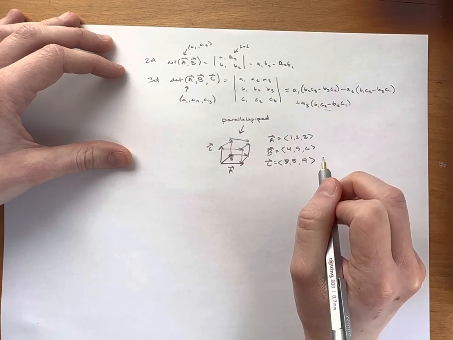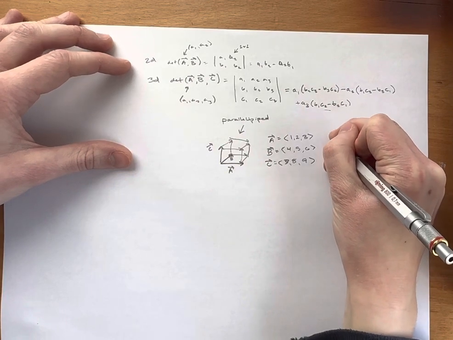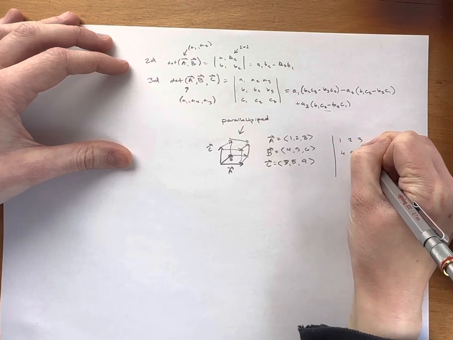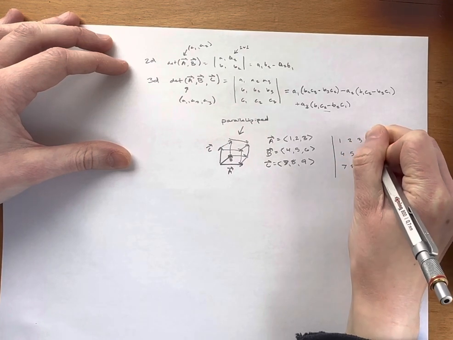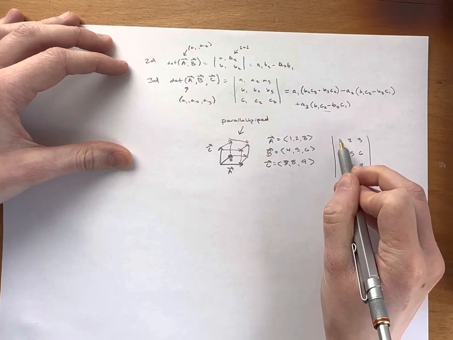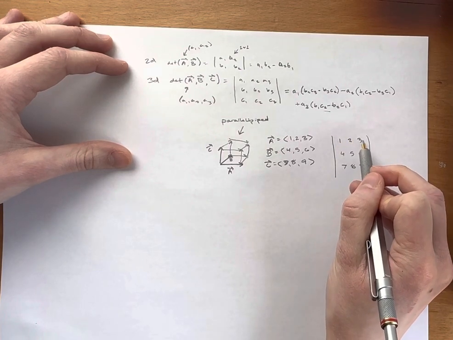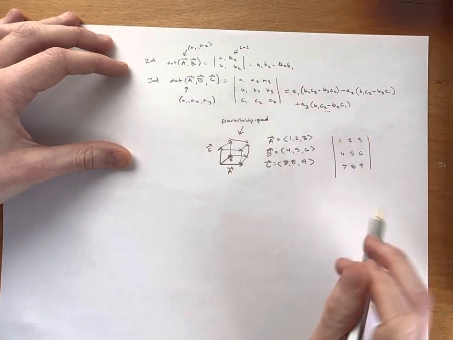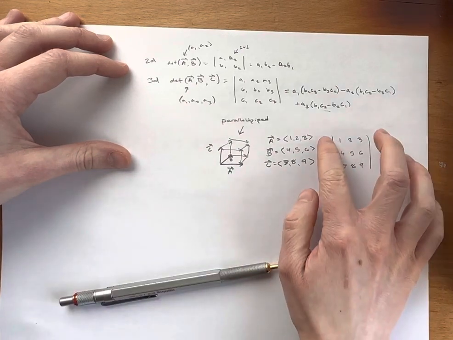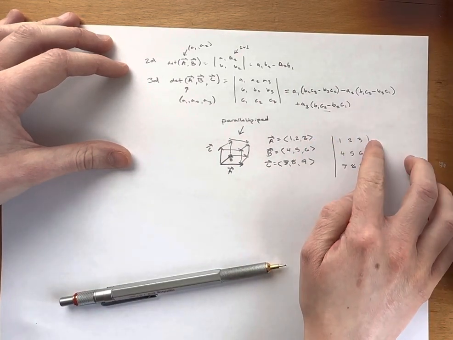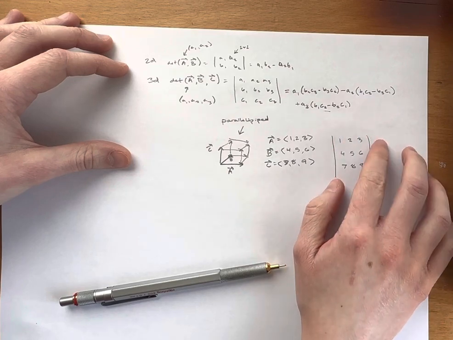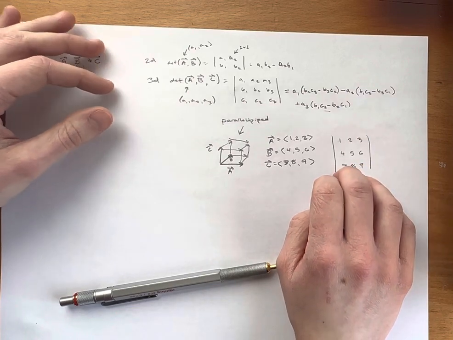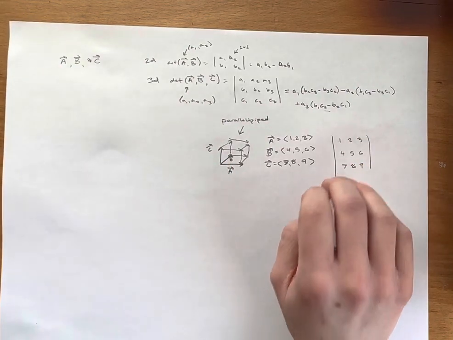Basically this means your matrix is going to look like this, and that's your A1, your A2, your A3 in this configuration. But the point is, you just move along the top row, you get rid of whatever row and column the number you're looking at is in, and then you take the determinant of the remaining 2 by 2 matrices. And that'll give you this volume.